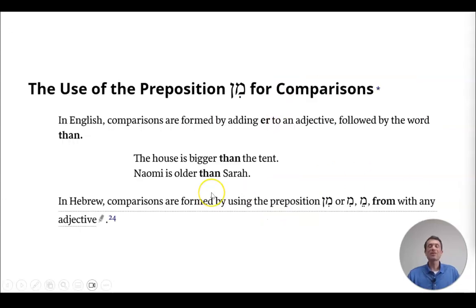Okay, just in case you have thought we don't have enough in this chapter yet, there's another thing we want to talk about, and that is the preposition min, which you already know means from or out of. There's another use of the preposition min, particularly when it's used with adjectives, that's really helpful to know, and that is min can be used to communicate the idea of a comparative adjective.